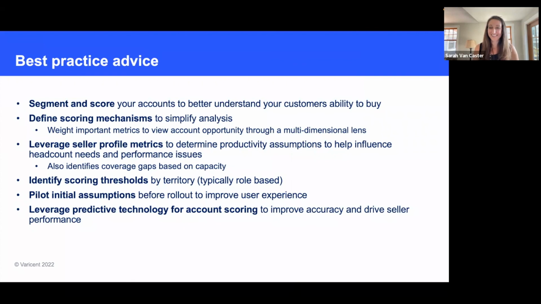Make sure the scoring is something that is going to work for your sellers, get buy-in, get support, and follow standard change management best practices. And then leveraging predictive intelligence, we talked on that as well. But Taft, I'll turn to you for closing advice and thoughts as we wrap up here.